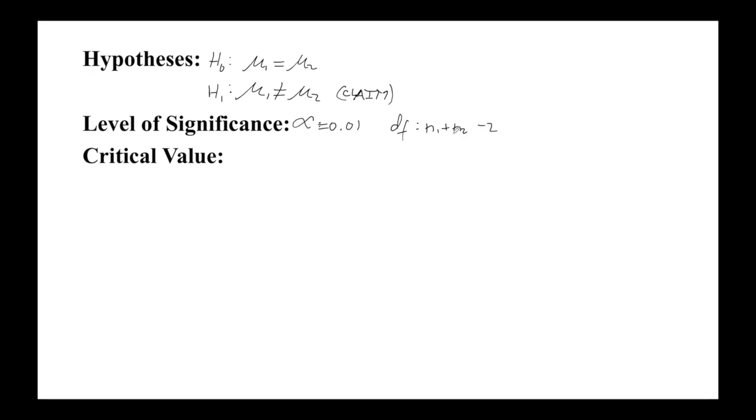I-add natin sila: gaano karami yung sample for the first group of dataset or for the first population, plus gaano karami yung sample for the second population, minus 2. Where does this number 2 come from? This actually came from the number of groups of samples na meron tayo. We have two, the public and the private school teachers.